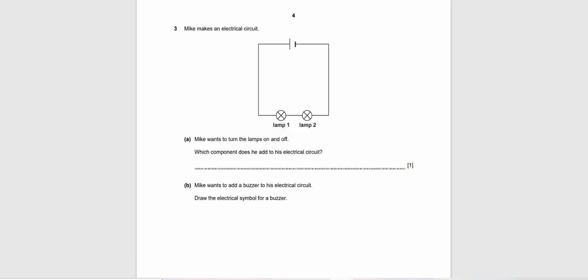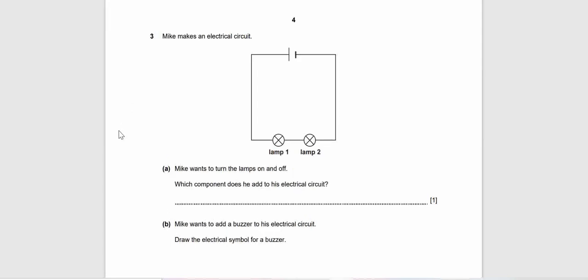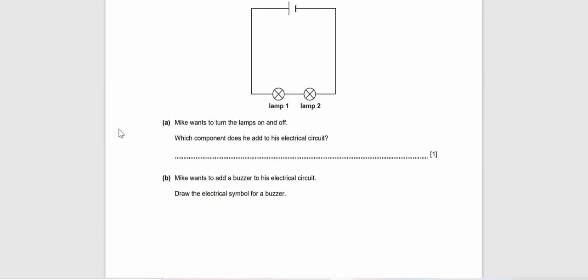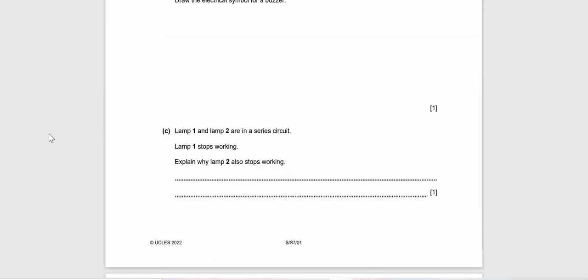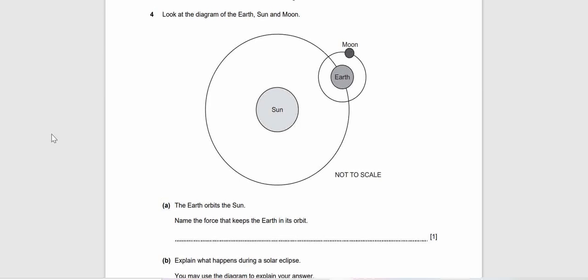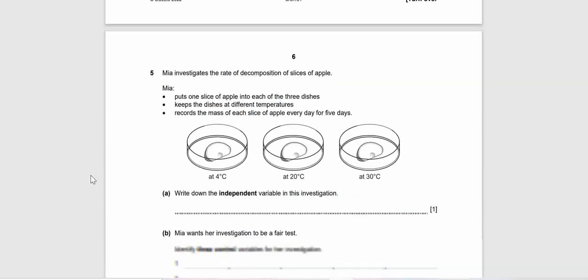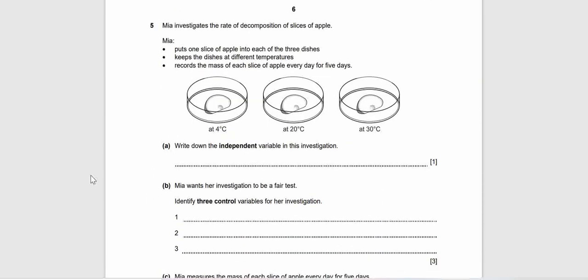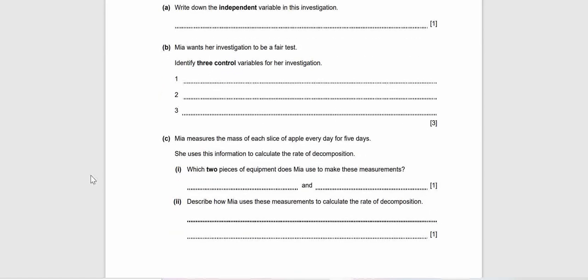Zoom in. This is question 3, page 4, 3a and b. Now this is question 3c. And next this is question 4a, followed by 4b. And this is question 5a, b, and 5c, part 1 and 2.